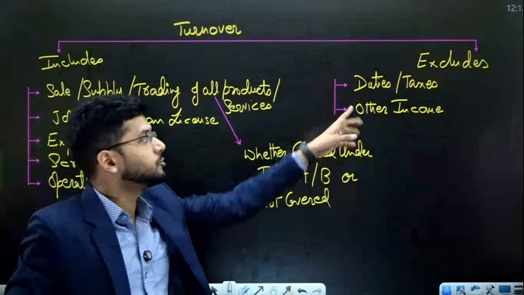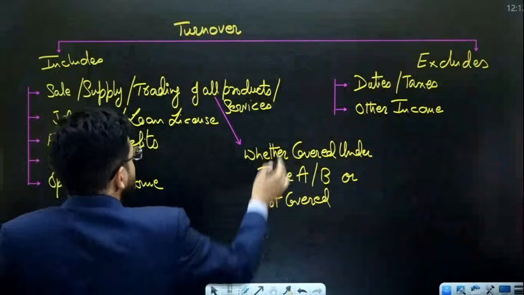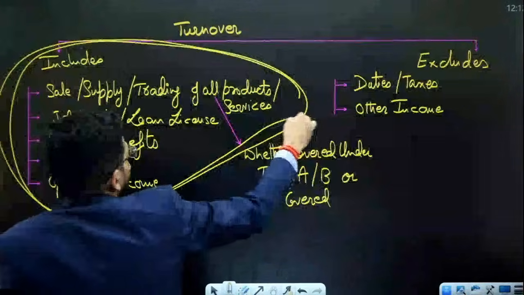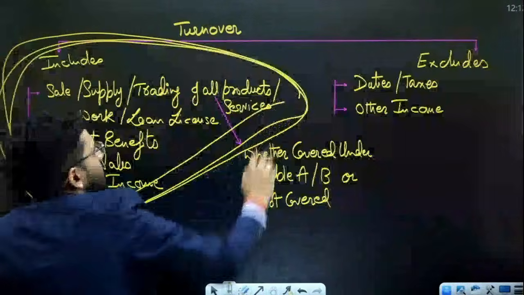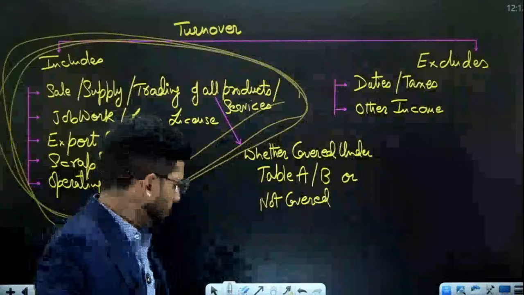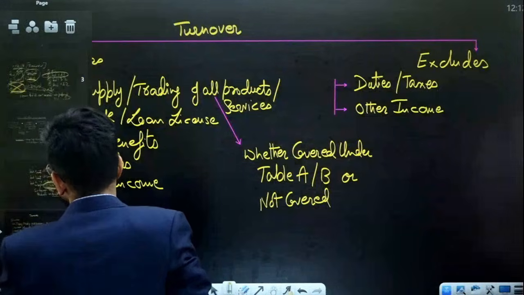Any kind of financial income is to be ignored. Only the normal, business related income is to be included in the definition of turnover. That is very, very important. What is the definition of turnover? It is really important to note this aspect.